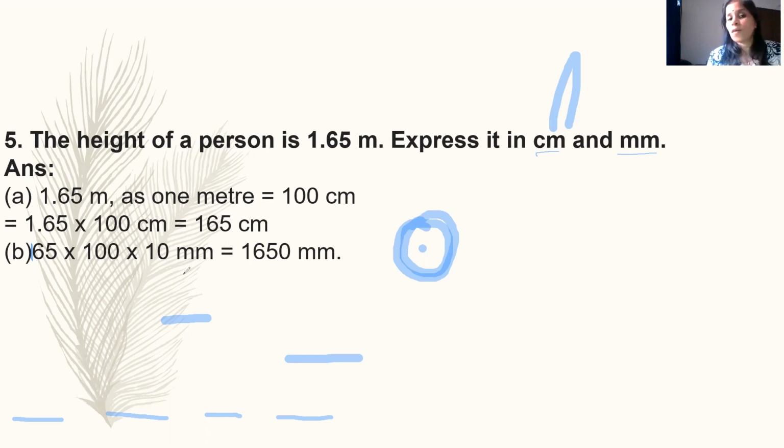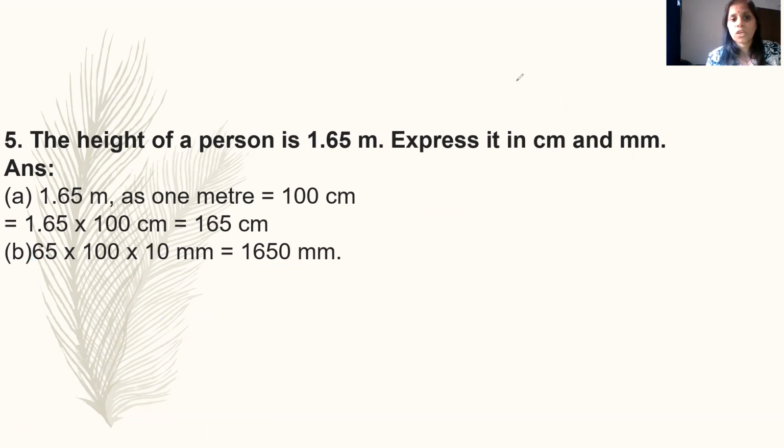As we know 1 centimeter is equal to 10 millimeters. So 165 into 10, if we convert it, we will get 1650 millimeter.